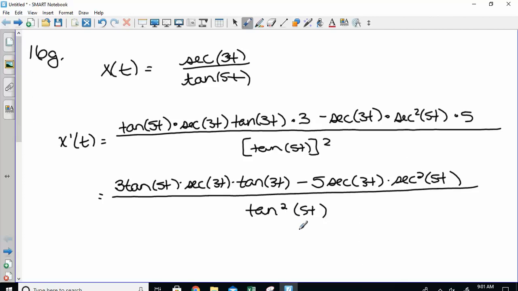Well, if you really wanted to be lazy, you could just erase that 3 and write it in the front, and erase that 5 and put it in front of that term.